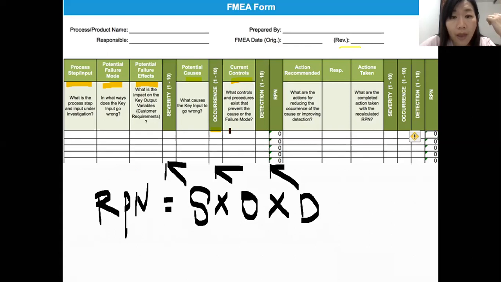If we have, how easily does the mechanism detect the failure? People usually calculate the initial RPN and then try to solve the problems, and then recalculate the RPN after the action is done.